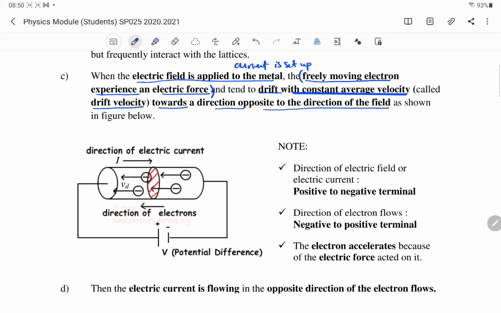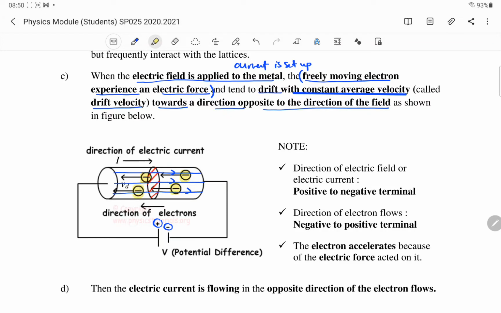Okay, so this one is we have positive terminal and negative terminal, and then the electric field is set up from positive to negative. Okay, from positive to negative we have the electric field. But we have the free electron moving in the metal, and the free electron is negative.